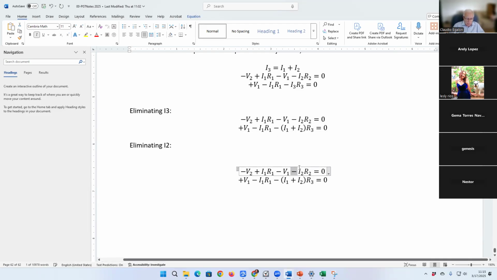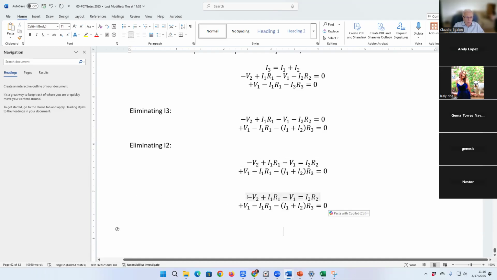I have to write down I2 in terms of the other values, right? So I'm passing this term to the right side to write down I2, to eliminate I2 or write I2 in terms of the other parameters.